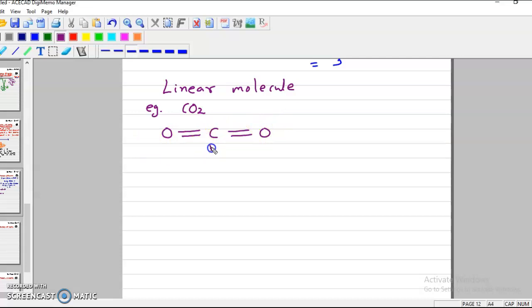Both bonds are polar, but the overall molecule is non-polar because the effect of polarity is in opposite directions. Here the number of atoms is 3 again, but in this linear molecule the number of possible vibrations cannot be 3n minus 6. Why?